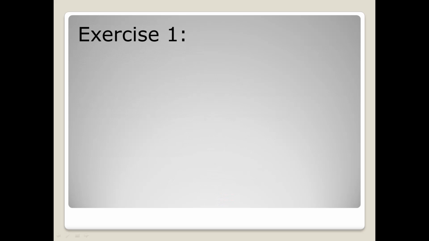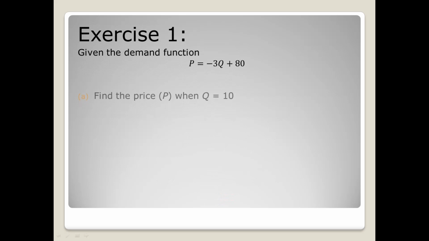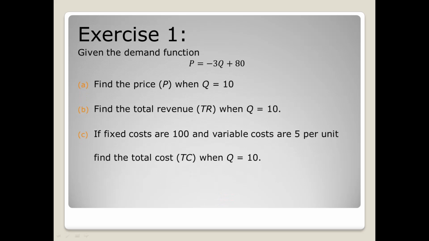Now, to emphasize this topic, there are some exercises, and I want you to solve them, and we can discuss them during the class. So very quickly, I'll just go through these exercises. In exercise 1, we have the demand function, and we need to find the price P when Q equals 10.